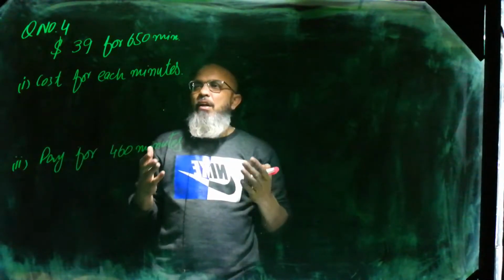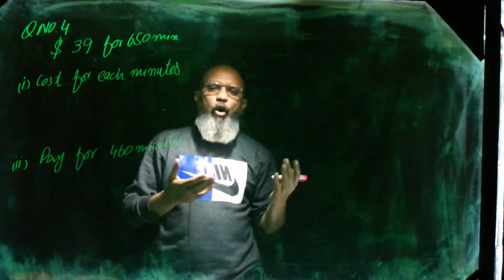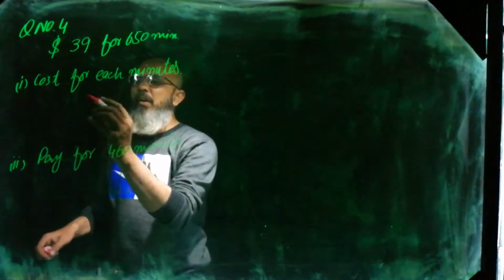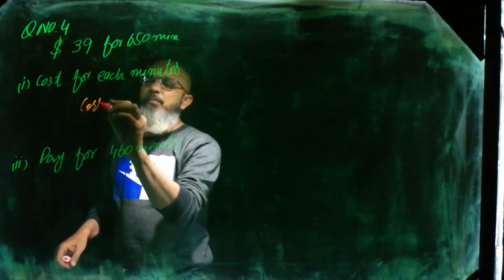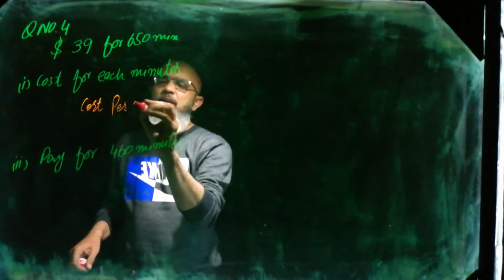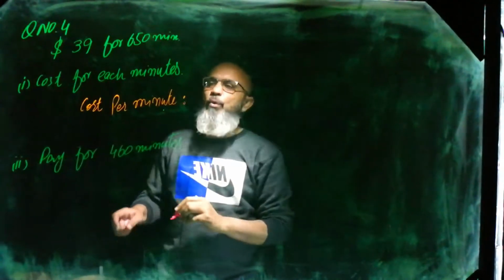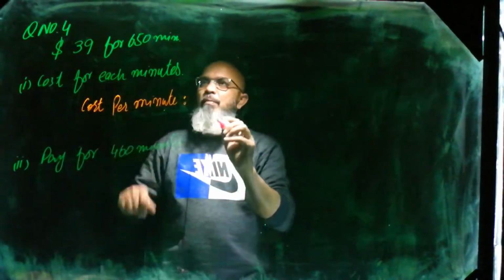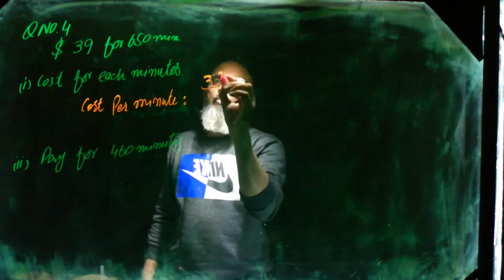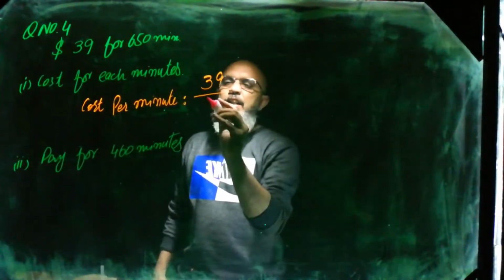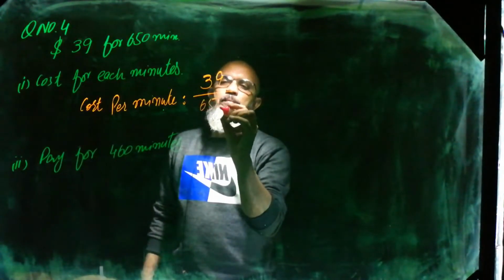So we will get the cost per minute or each minute, right? So simply you can write here cost per minute, or cost for 1 minute, it's up to you. So what is the total? You have to pay $39, and you paid for 650 minutes.